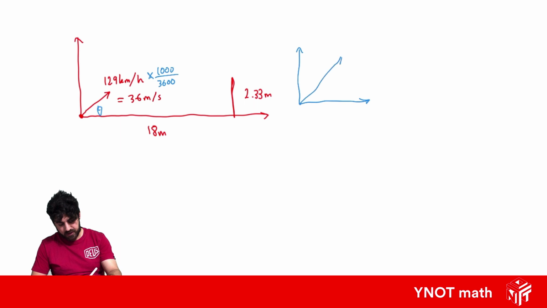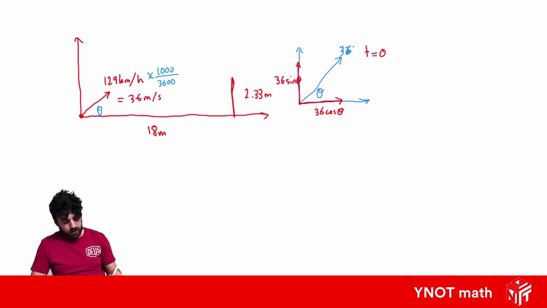If we're kicking the ball with an initial speed, we're going to use 36 meters per second, with an initial angle, the x component of the velocity is going to be 36 cos theta, and the y component of the velocity will be 36 sine theta. This is our little diagram for our initial speed when we kick the ball, so this is when t equals 0.